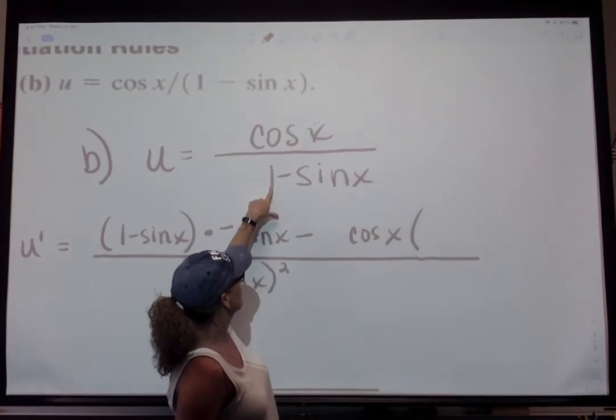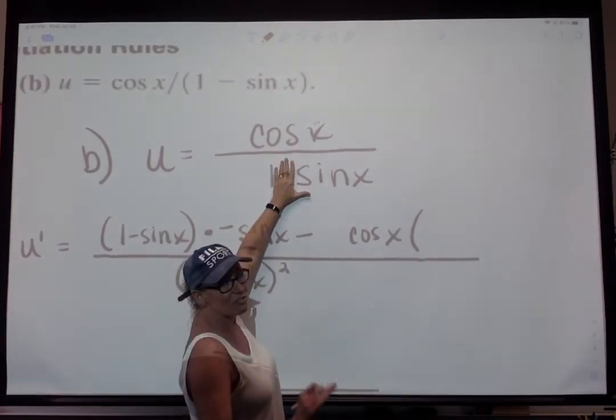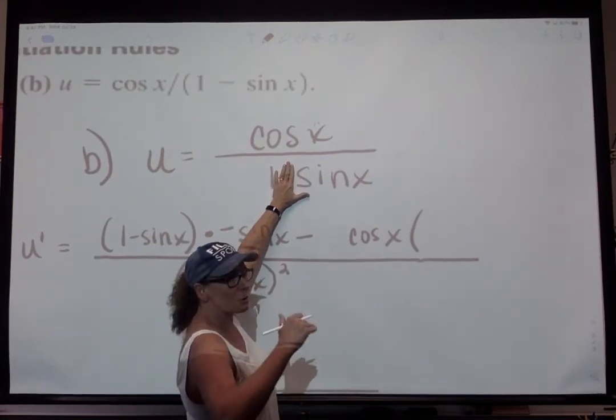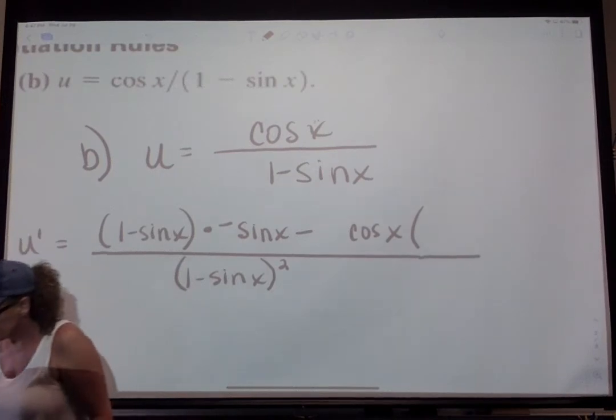The derivative of a constant is going to be 0. So you can just kind of cover up the negative for a minute. What's the derivative of sine? Cosine. Throw your negative back on.